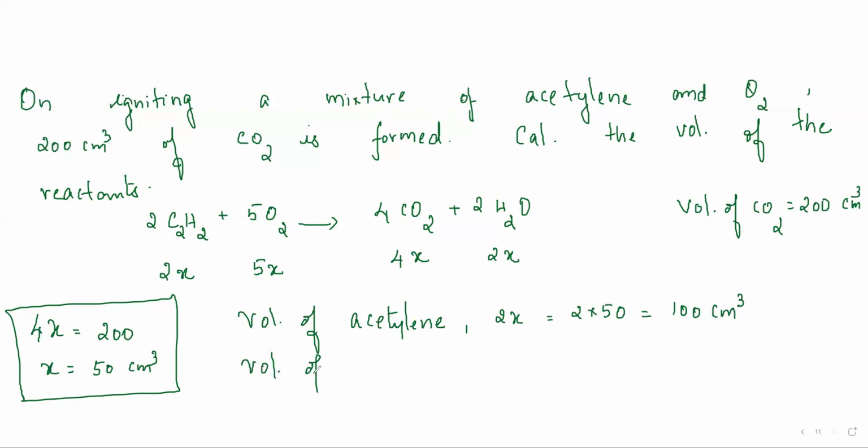Similarly, volume of oxygen, 5x, is 5 into 50, that is 250 centimeter cube. So that was also a simple question, even when the volume of reactants was not given, but only the volume of the product was given.